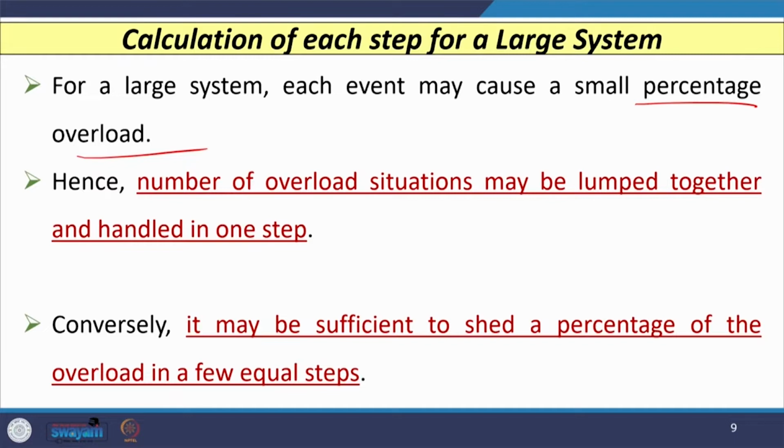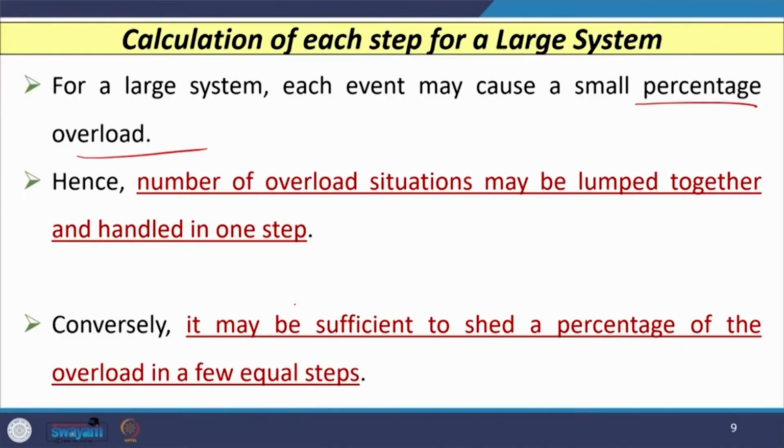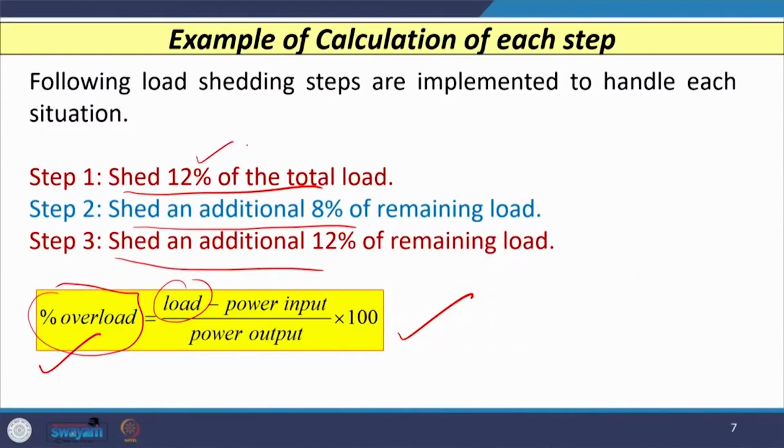Hence, a number of overload situations can be lumped together and handled in a single step. On the other hand, it would be sufficient to shed the percentage of overload in a few equal steps, as in the earlier case we considered 3 steps, and during each step we shed the load, maybe 12%, 8% and 12%. So, that we can adopt.